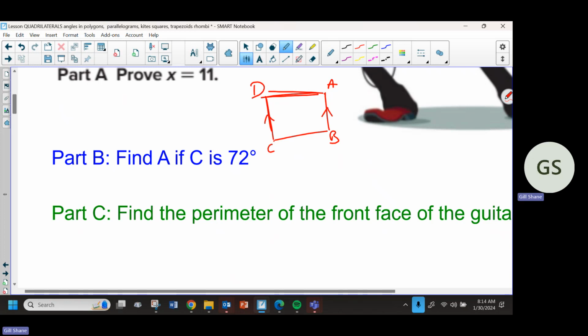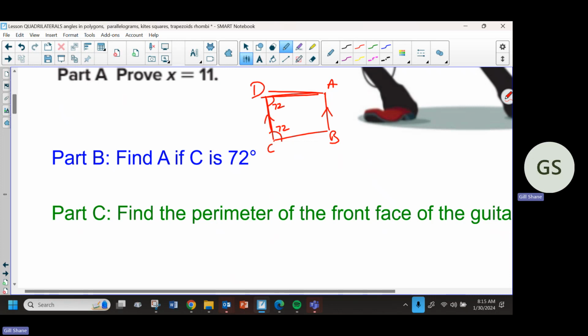We said it's the angles at the ends of the bases that are congruent. So C is at the end of one of the bases, right? Because the bases are the parallel lines. The angles at the end of each base are congruent. So that means if this is 72, that is 72.